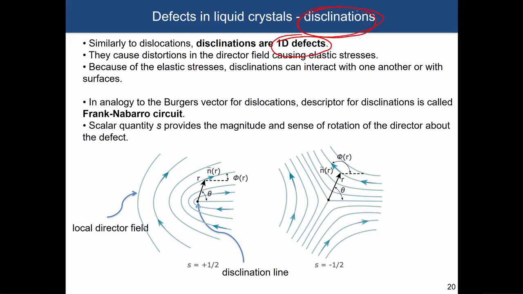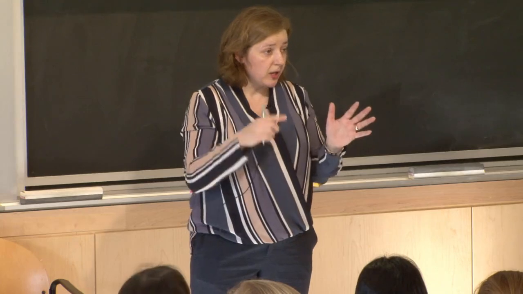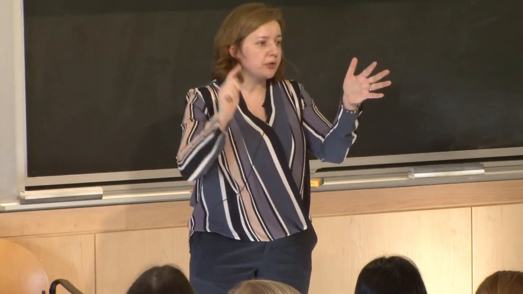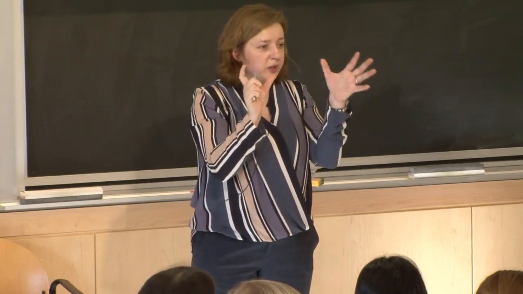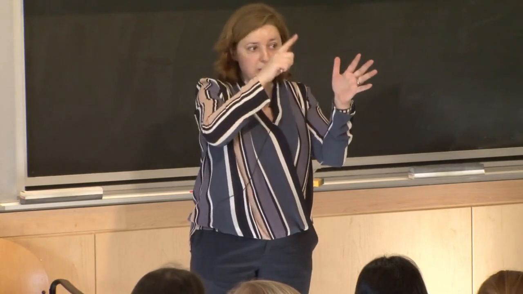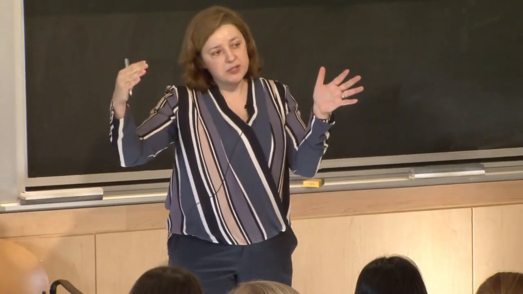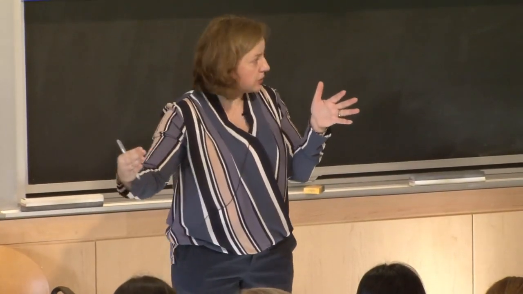And again, in analogy to dislocations in crystalline materials, we can define certain descriptors that will tell us what is the type of disclination. If you remember, when we talked about dislocations, we had a Burgers circuit. In order to calculate the Burgers vector of a dislocation, we had to make a number of steps and measure the difference of that number of steps in the perfect crystal and the crystal that contains a dislocation.